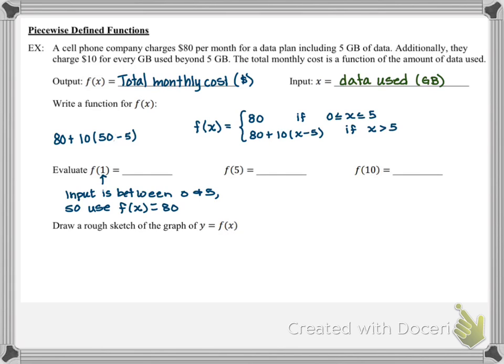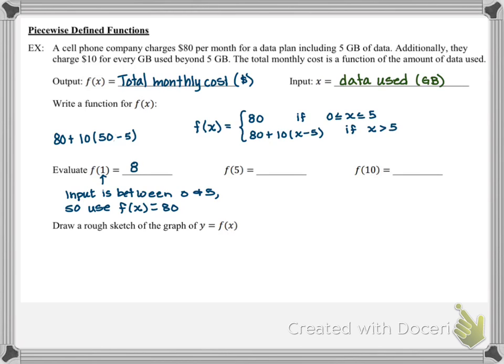When we're plugging a number in, our function becomes just like any other function we've seen. It's f of x equals one of the rules. We just have to decide which one to use. In this case, we're using f of x equals 80 because our input falls in this range. So f of 1 equals 80.